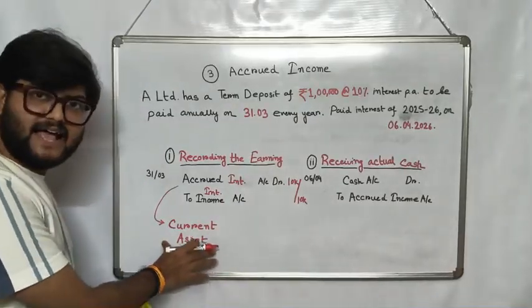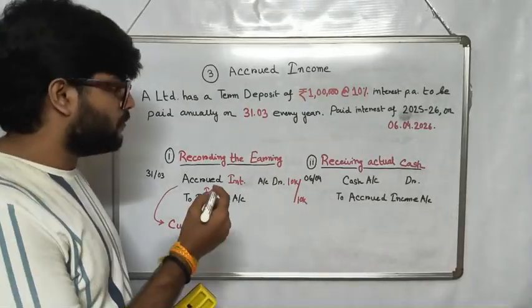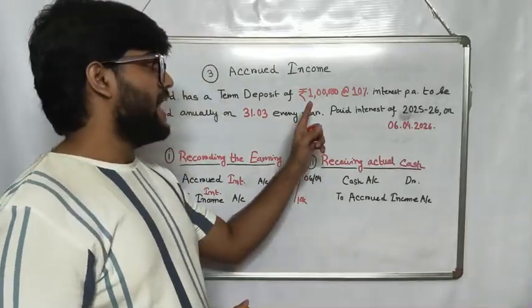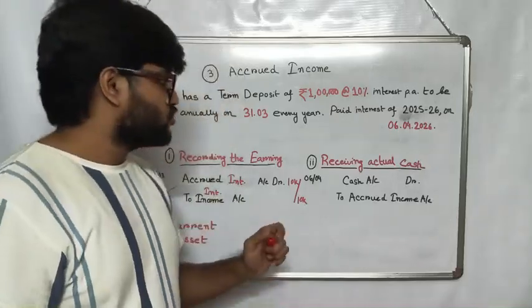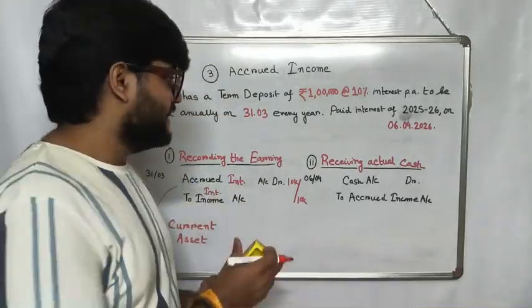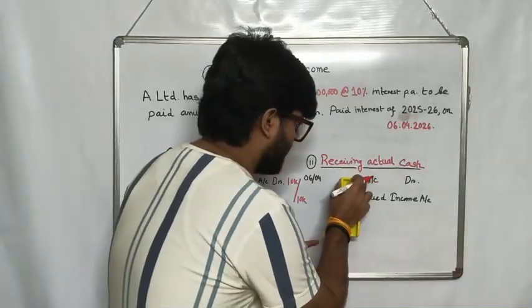That is why it is an asset. Now moving on to 6th of April, we have actually received the cash. On that day, if the bank is paying the interest, it will not be cash, it will be bank.